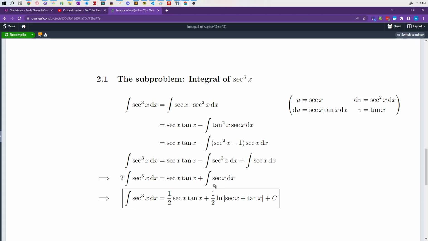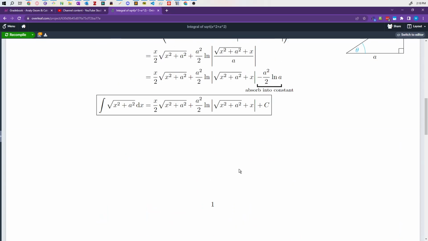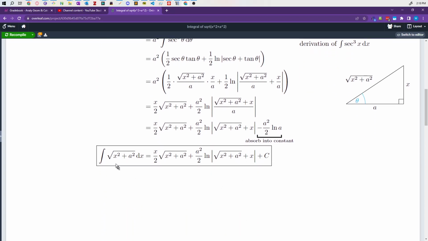It's not a completely obvious thing either, but taking that as a fact, you would have ln of secant plus tan, and then you'd have to divide both sides by 2 to arrive at this identity. So the integral of secant cubed ends up being this expression, which is what we used up here to evaluate this integral and to do the back substitution.